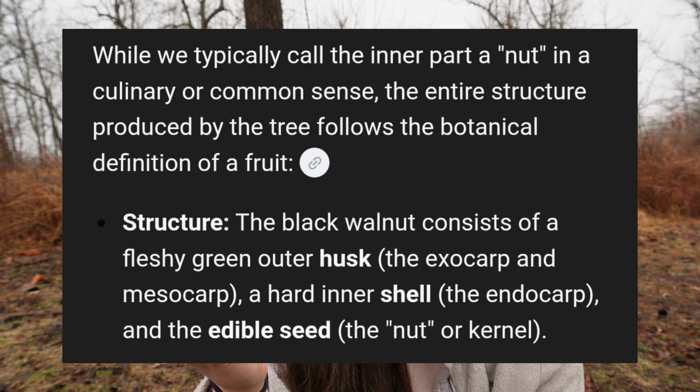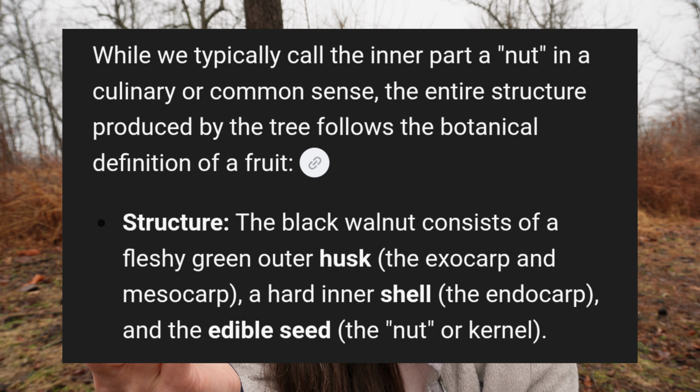This is one of the examples of something that in the culinary sense, we call nuts. They're not actually nuts, they're seeds. So you've got the outer hull. It's all rotten now, but it's green when it's fresh. That's the fruit, basically. And then inside, you've got the shell, which is technically the pit.